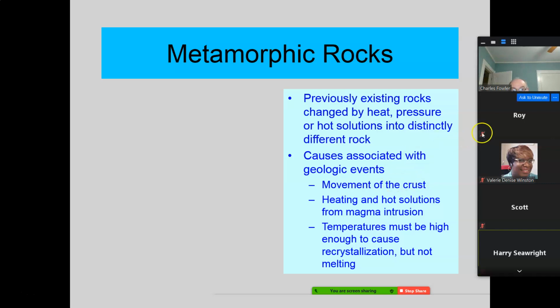Okay? The heating and hot solution from magma intrusion. Okay, now what does that mean? Let's picture, and we'll see this in a later chapter too, you have layers, seams, joints. We'll see all this kind of stuff talked about in later chapters.